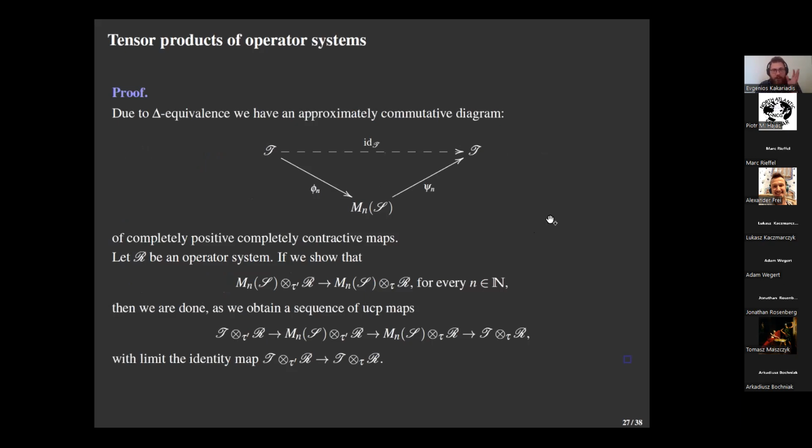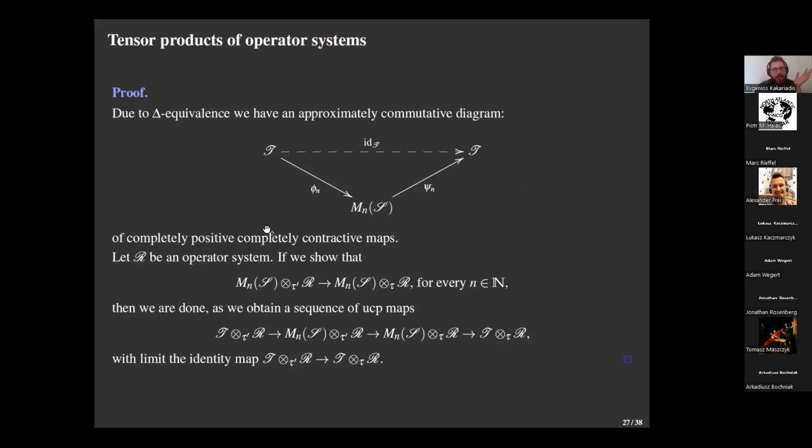The point here is the proof that I like. To make a correction to the very first slide, whenever I have a Morita equivalence, I have some kind of matricial approximate identities. So T and S are delta equivalent, therefore I have such a diagram that in the limit will be commutative, and phi_n and psi_n are completely positive maps.